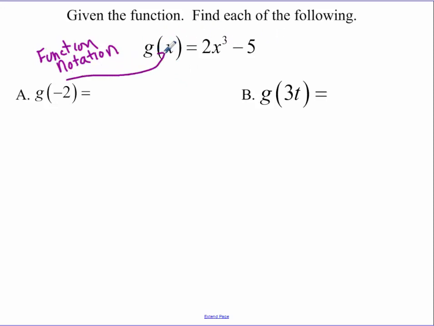So what changed in these two notations from g of x to g of -2? The x became a -2. So all that means is we have 2x cubed minus 5. But what was my x? My x was a -2. So now simplifying that all out, we get the answer of -21.